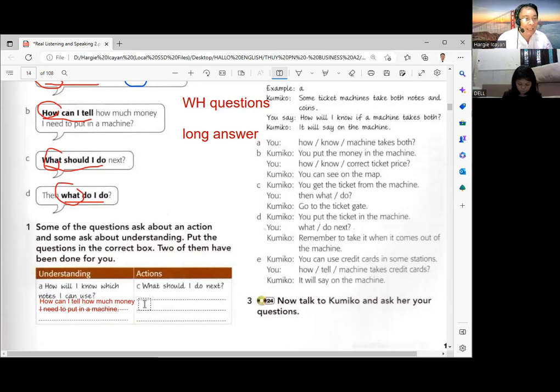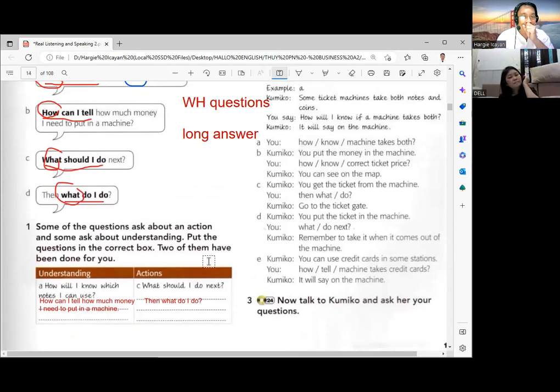So that would be letter D. Okay, so then what do I do next? So what do I do, right? So there is an action. That needs an action. Okay, Toy?